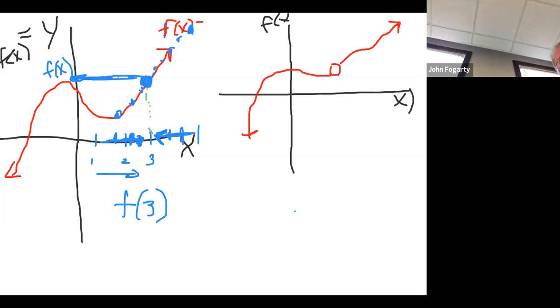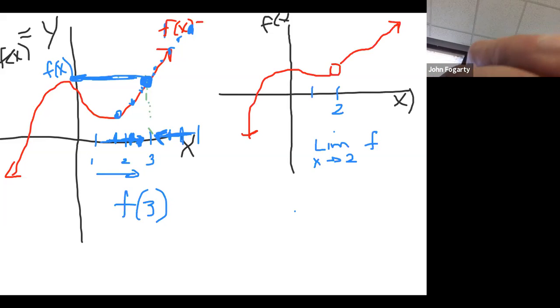Now, we know that we have some type of discontinuity. However, that doesn't mean we don't have a limit. So for example, if I said to you, what is the limit as x approaches 2 of this function, let's see if I have one.